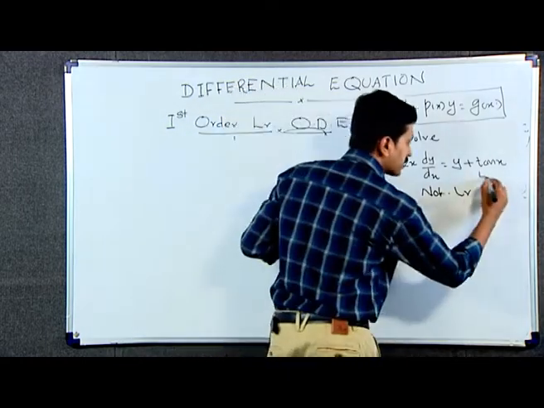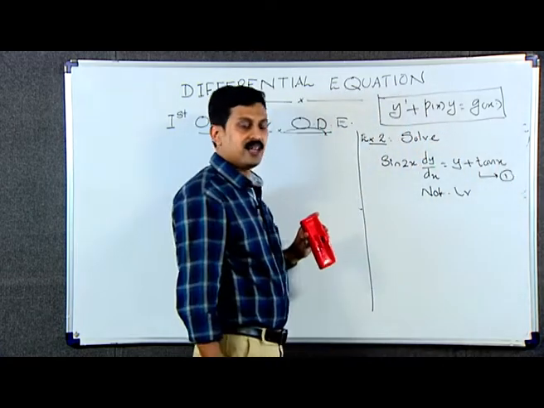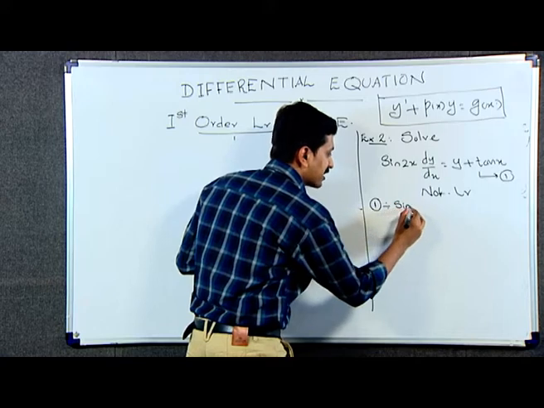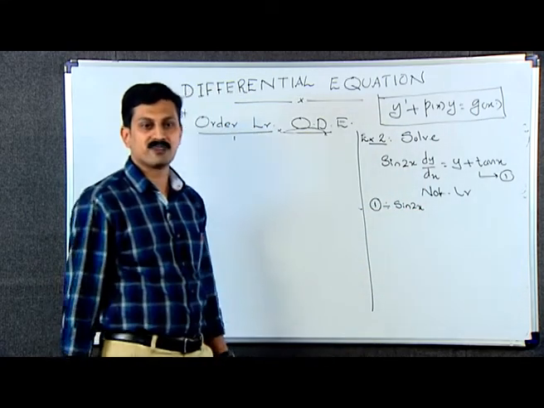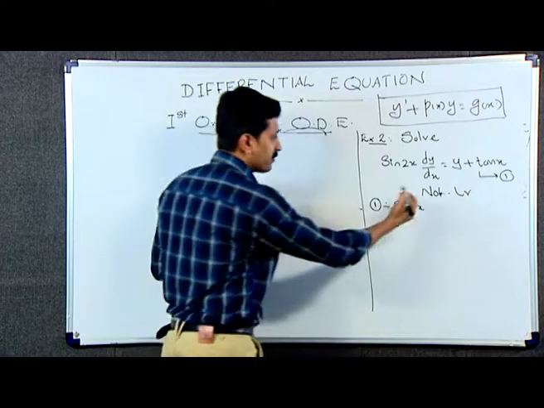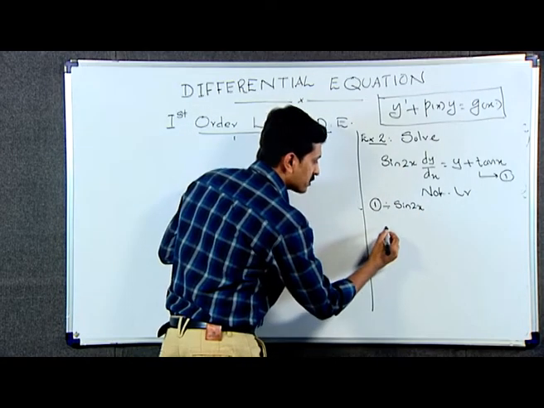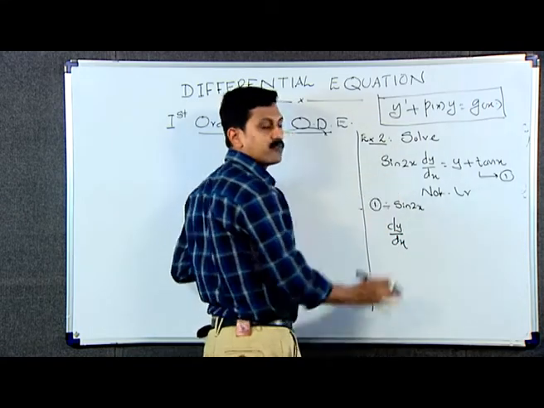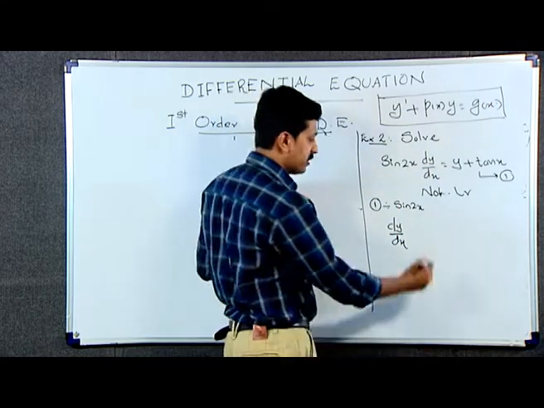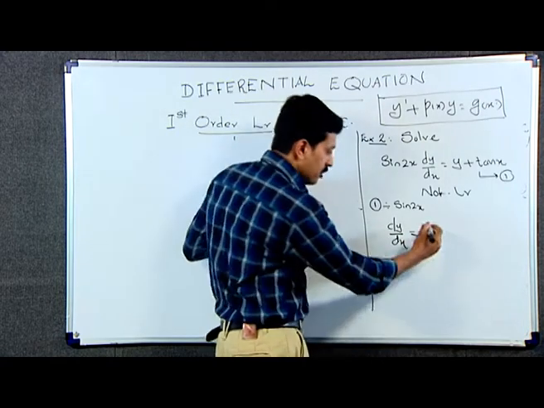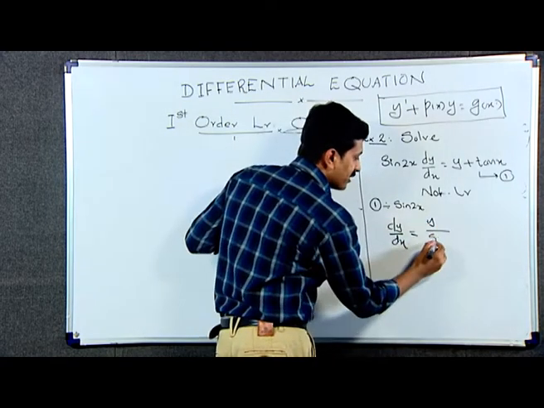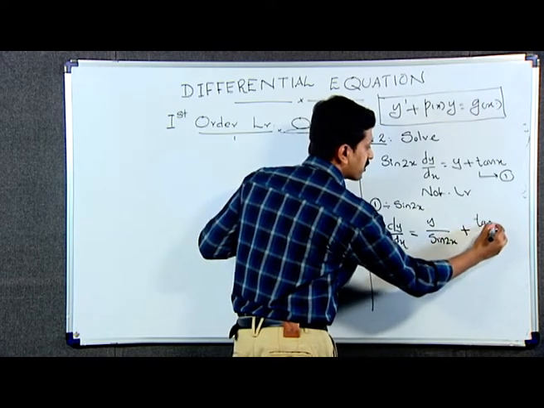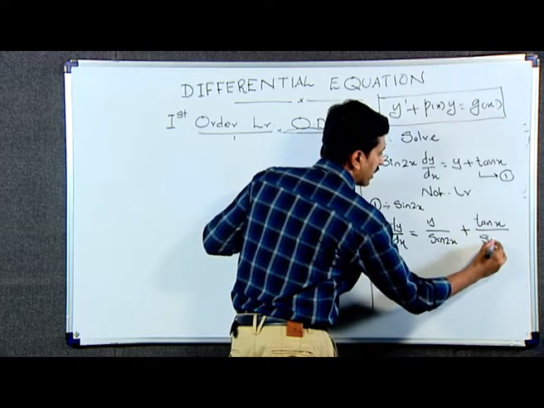For that I am putting this as equation number 1, and we are dividing 1 with sin 2x. What will happen is that sin 2x divided by sin 2x will be 1, therefore, dy by dx is equal to y divided by sin 2x plus tan x divided by sin 2x.